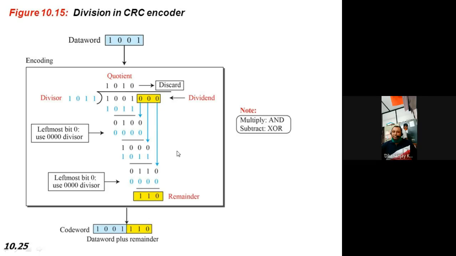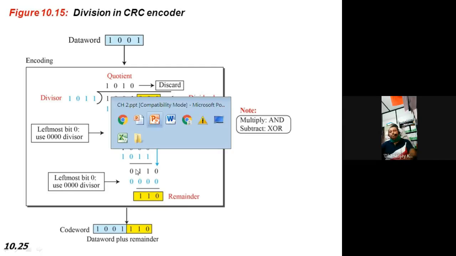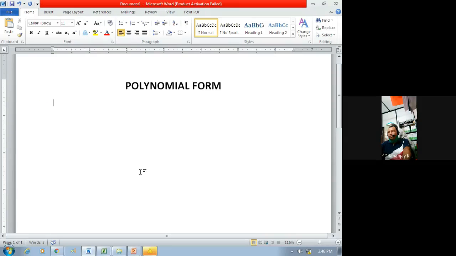That is the reason why we generally don't prefer the binary way of solving CRC problems or CRC division. So what we generally do is solve the problems in polynomial form, and that would be our topic of discussion today: how a CRC problem can be solved with the help of polynomial equations.